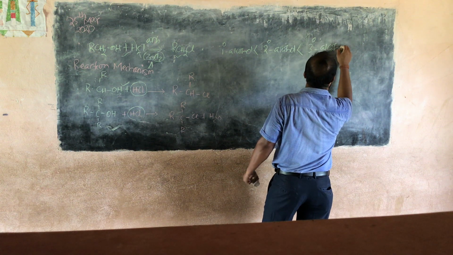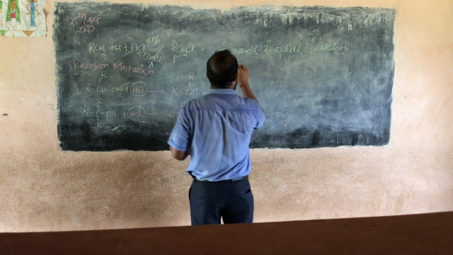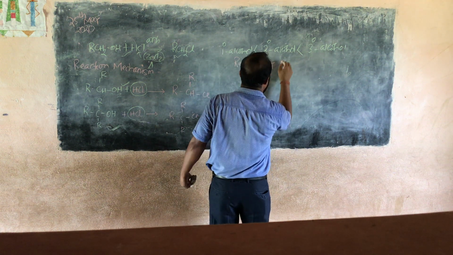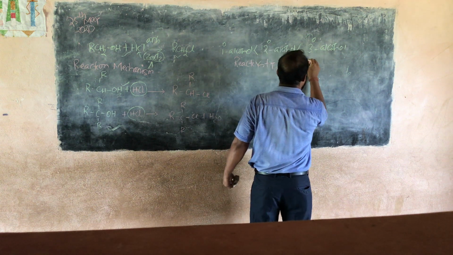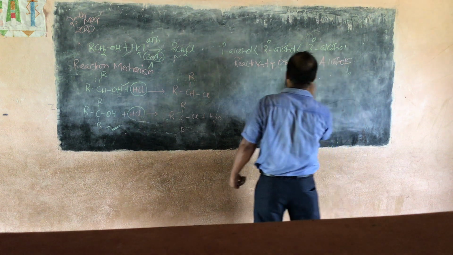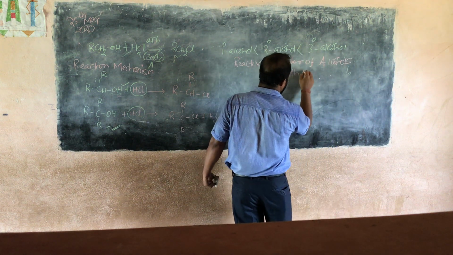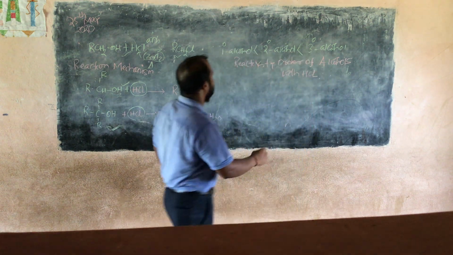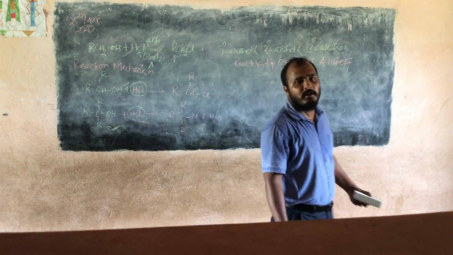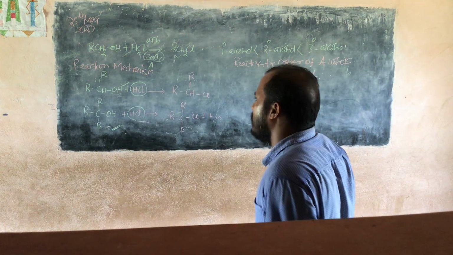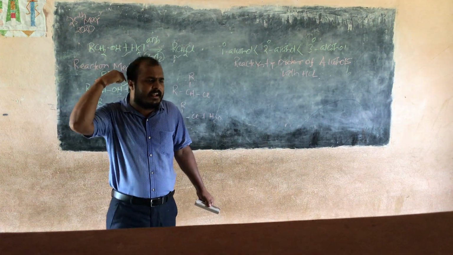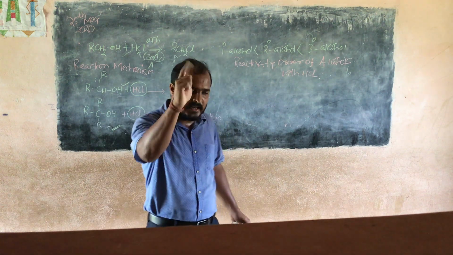This is the reactivity order of alcohols with HCl. Now, if somebody asks why this is the order, there is a reason, and always in organic chemistry, for each and every minute movement there is some reason.